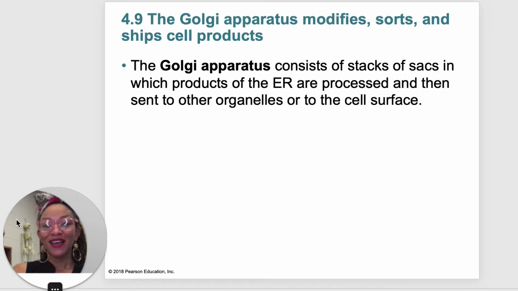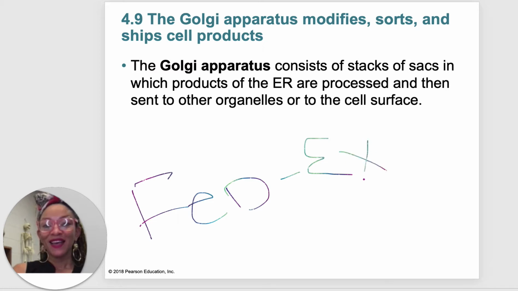Next we have the Golgi apparatus. I like to think of this as the FedEx of the cell. It participates in modification, packaging, and shipping either throughout the cell or outside of the cell. Think of FedEx, think of everything they do. They create a label, they stick the label on there.